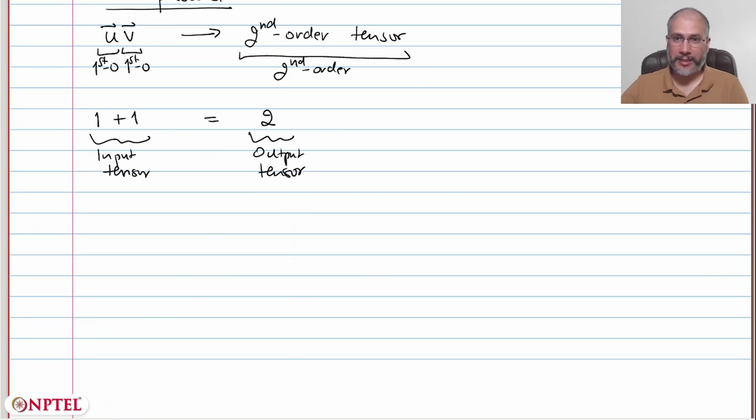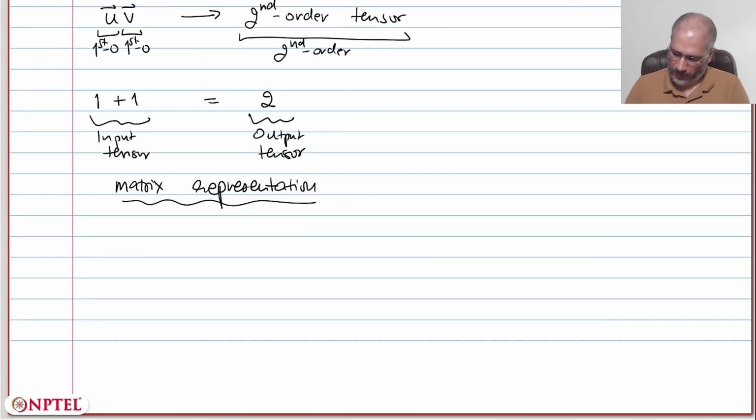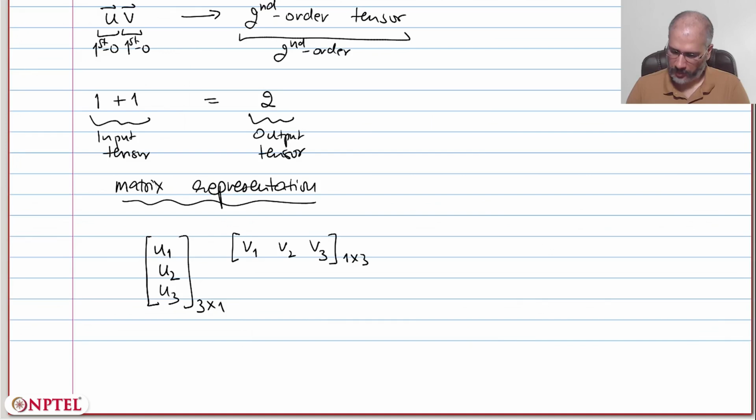Let's also look at the matrix representation. So in this case, we will write U as a column vector, which is 3 rows and 1 column, and we'll write V as a row vector, which is 1 row and 3 columns.